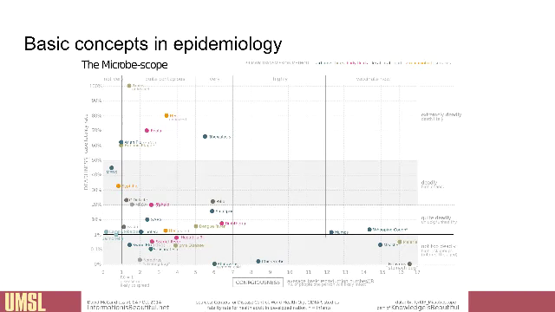And so what you can see is that a lot of things are clustered down here. So they're not particularly deadly. I mean, I wouldn't want any of these things. But their R naughts are really variable. So how do you think you guys would make some decisions about developing vaccines?